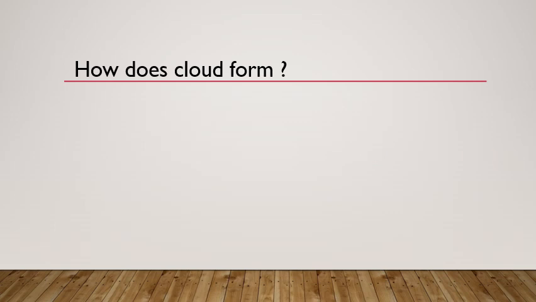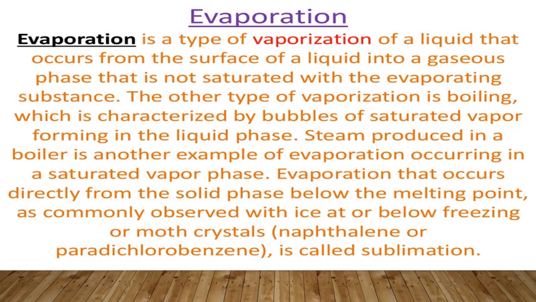Now see here, evaporation. Evaporation is a type of vaporization of a liquid that occurs from the surface of a liquid into a gaseous phase that is not saturated with the evaporating substance.